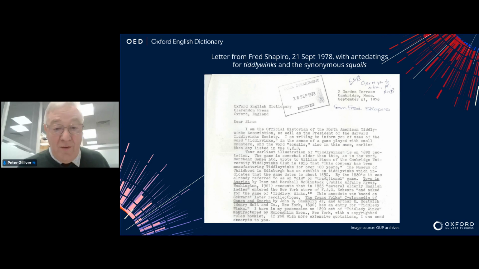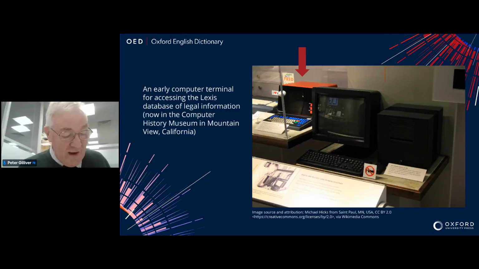But a few months after sending in those Tiddlywinks antedatings, Fred became aware of one of the first large searchable databases of historical text to be created, the Lexis database of case law and other legal documents, which he could access at Harvard. Of course, this was in the pre-internet era, when going online meant attaching a telephone line to your computer terminal.